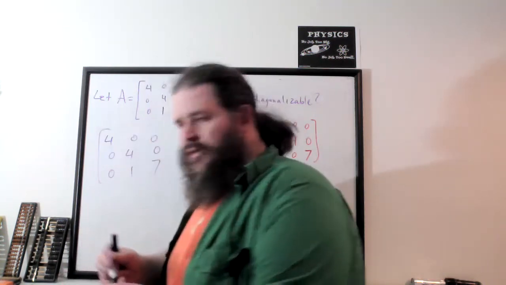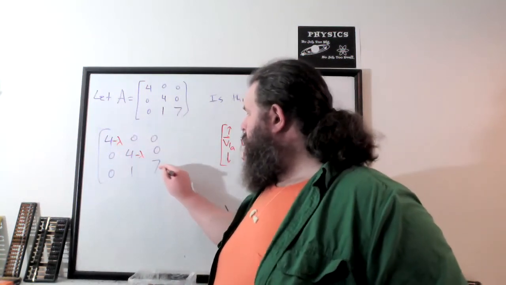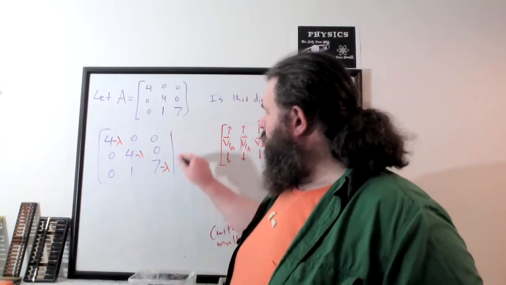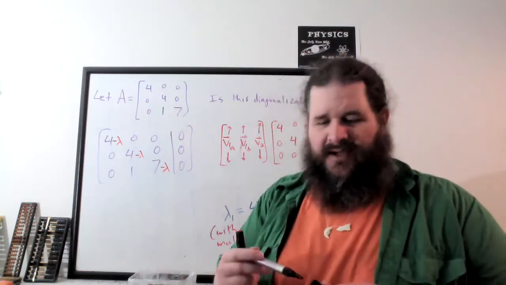And then we're going to subtract lambda from everything on the main diagonal and augment that with the 0 vector, because we want A minus lambda I times B to equal 0.